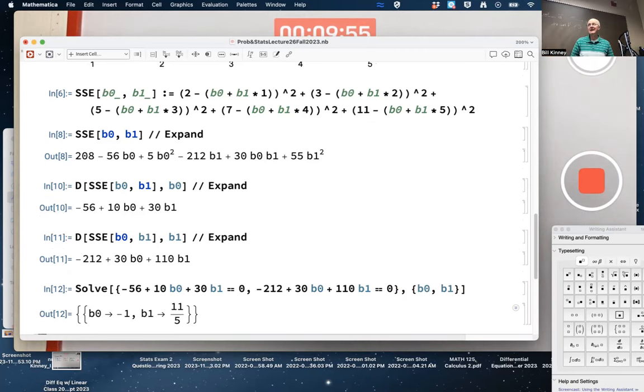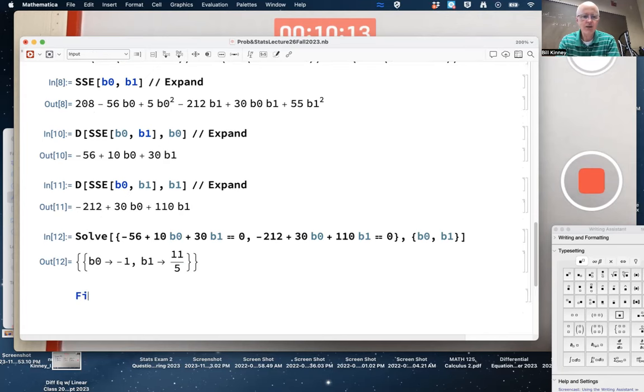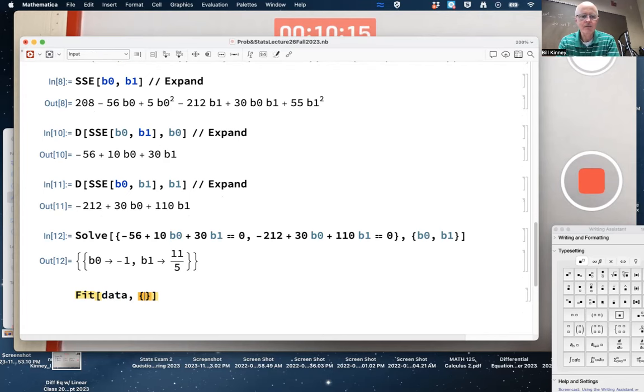In short, it's like some discrimination is the background of the word regression. Anyway, b0, the intercept, is -1, and b1 is 11/5, right? 2.2. That's matching what we got with Fit. -1 and 2.2.